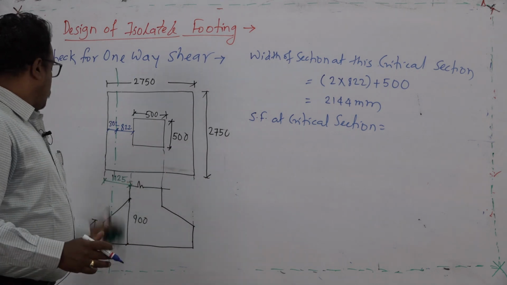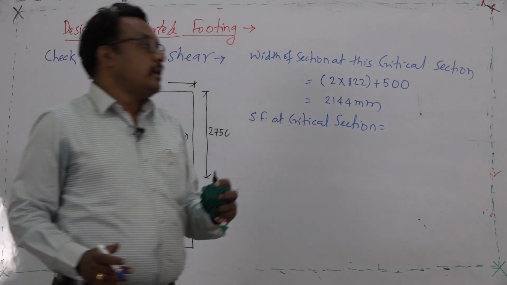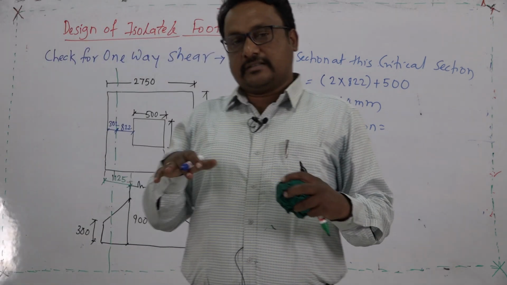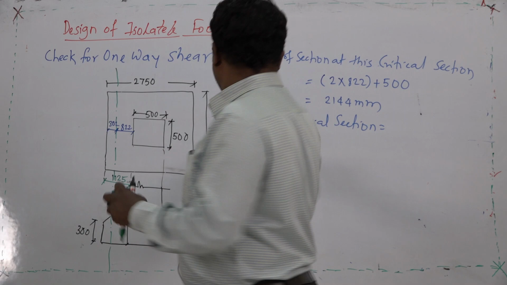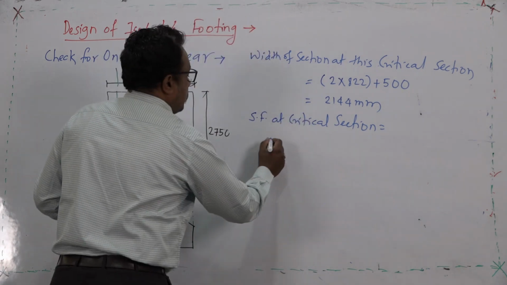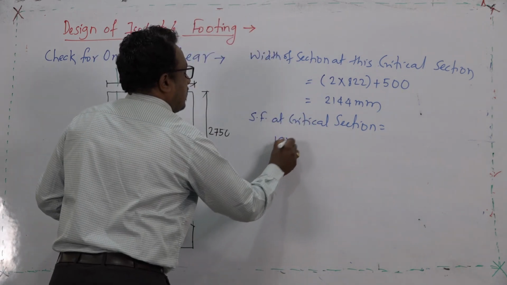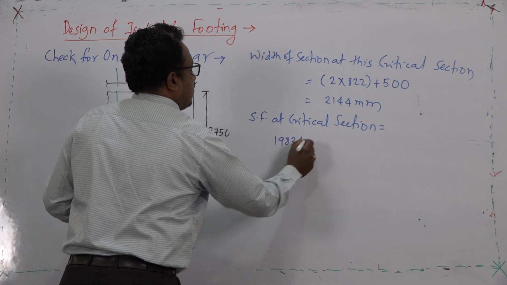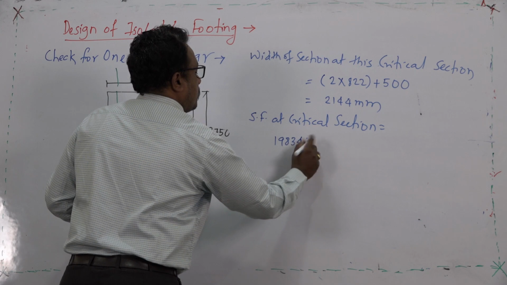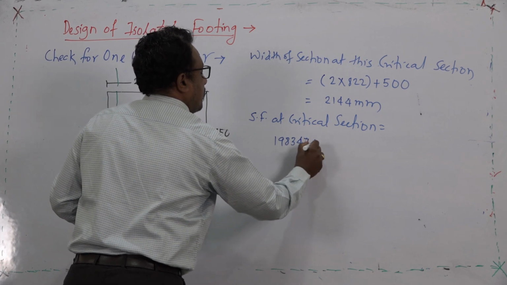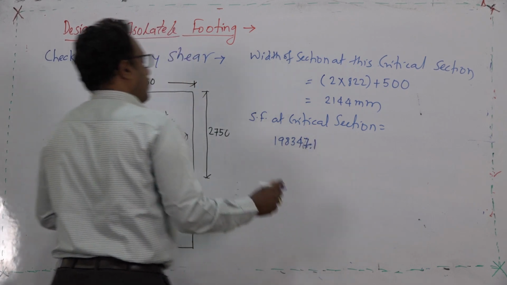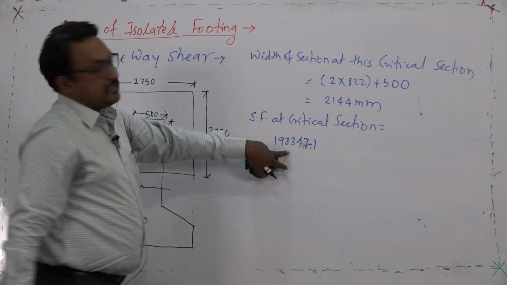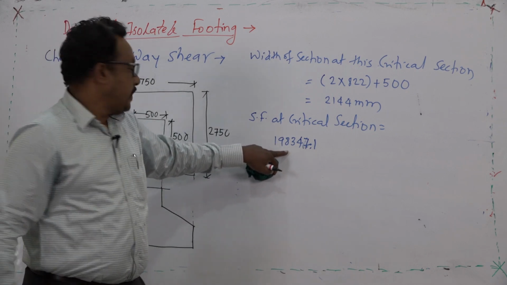So, the pressure we have computed so far, what will be the pressure? Load on the structure divided by the area of footing. That will become the pressure. That value is 1983.1, expressed in Newton per meter square.